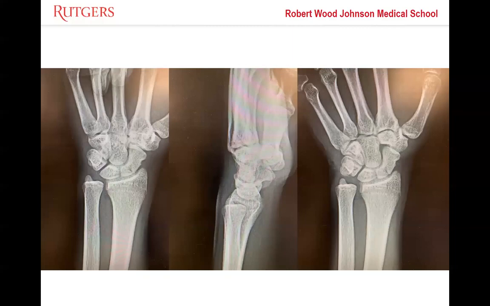Even in a cast, you don't think it's enough? I think that's an unanswered question. What do you think, Liv? Even for proximal pole?